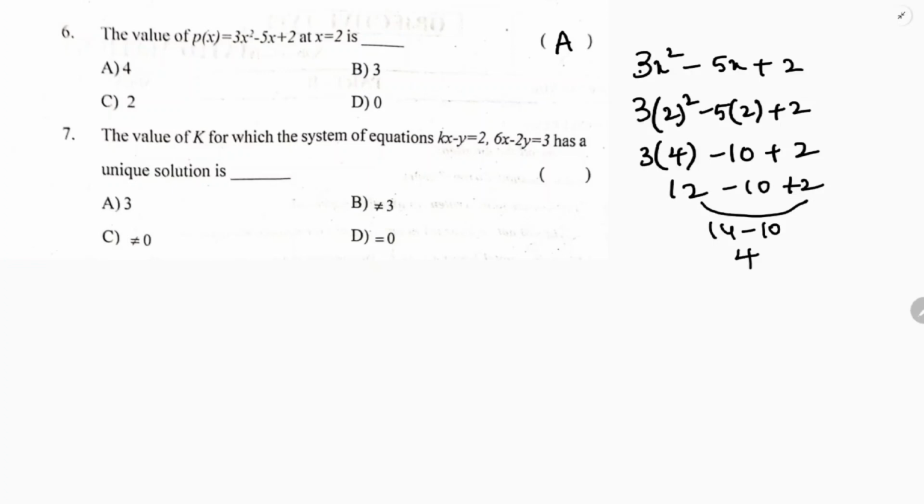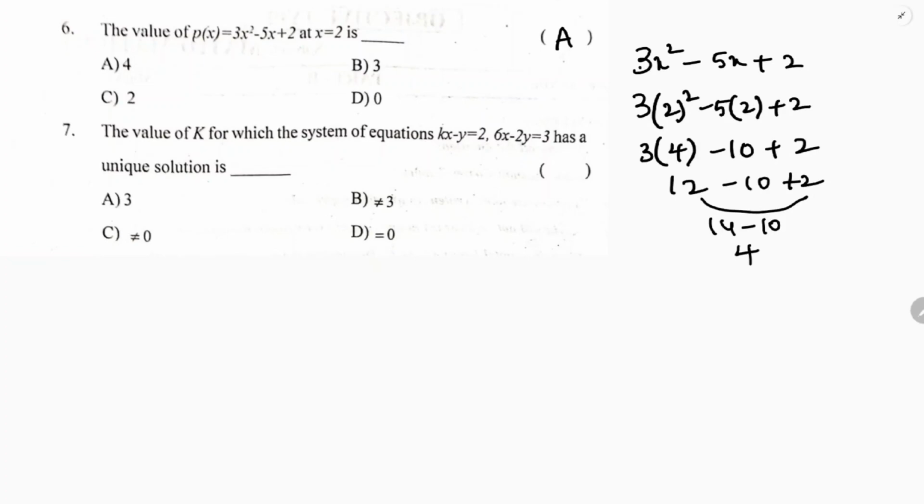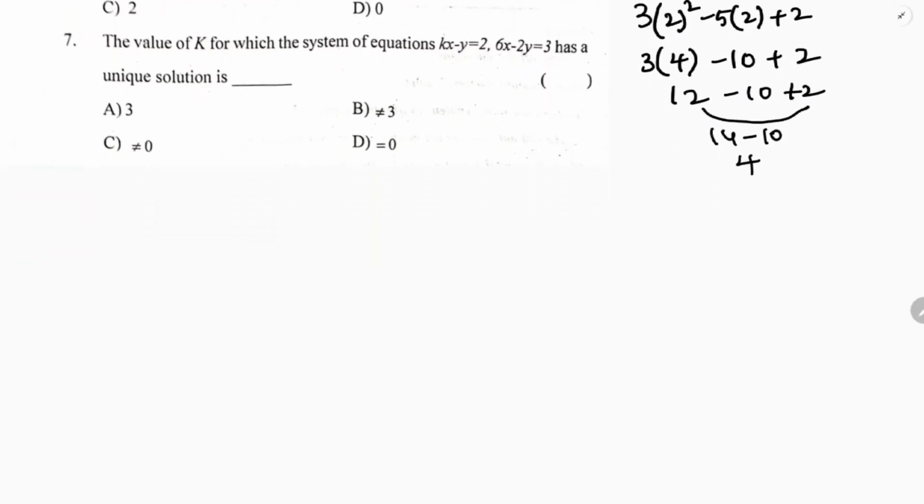The value of k for which the system of equations, two equations are given over here. The two equations are kx minus y equals 6 and x minus 2y equals 3.